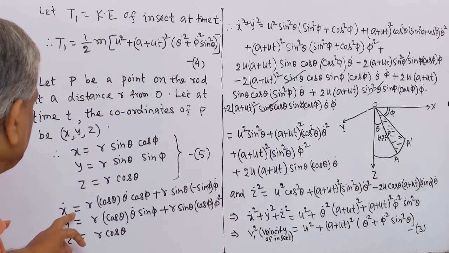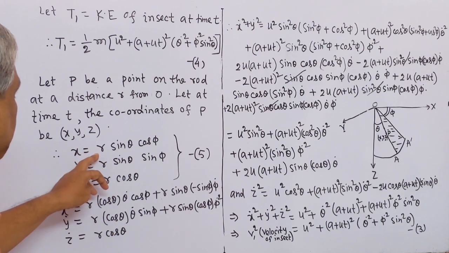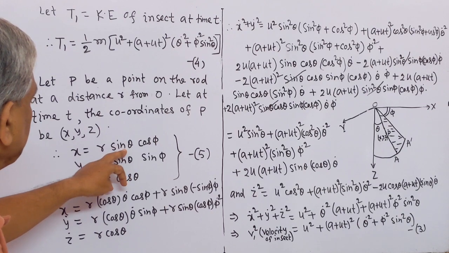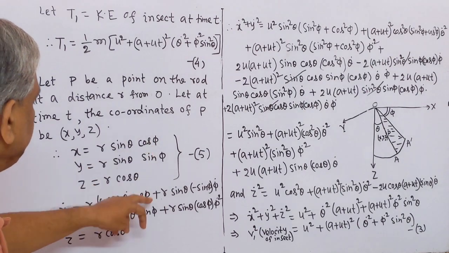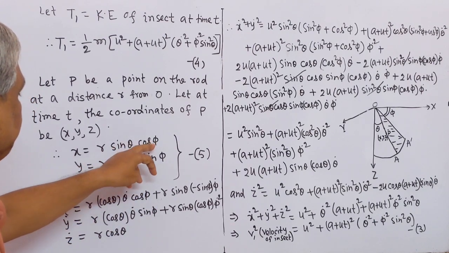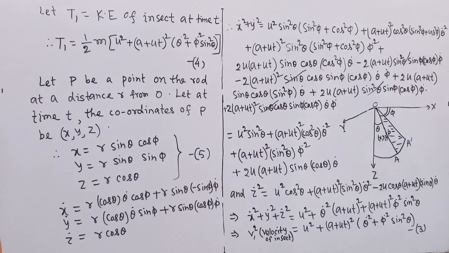Differentiating, we get x dot. Here r is constant. Differentiation of sin theta is cos theta, theta dot, cos phi remains the same, plus r sin theta, differentiation of cos phi is minus sin phi, phi dot.